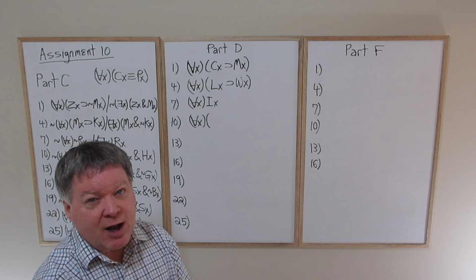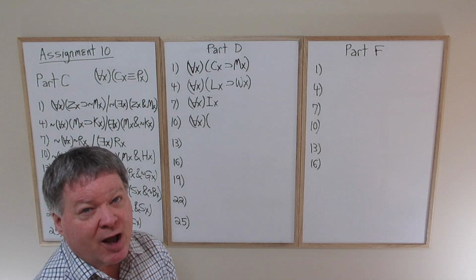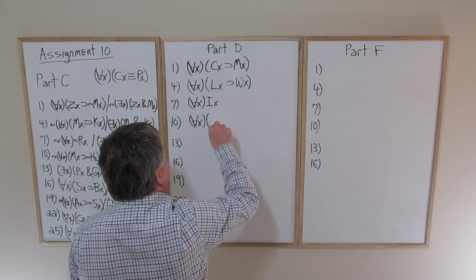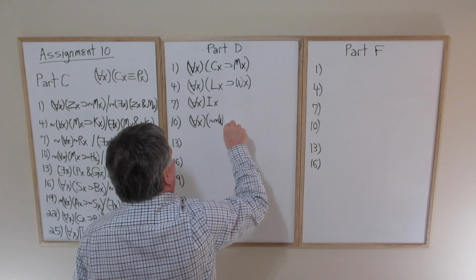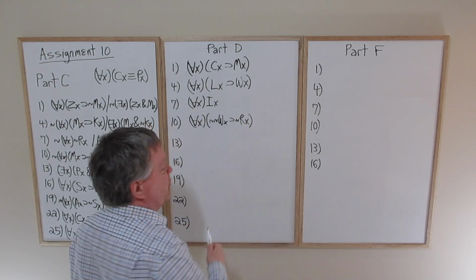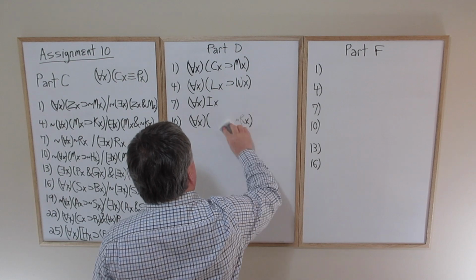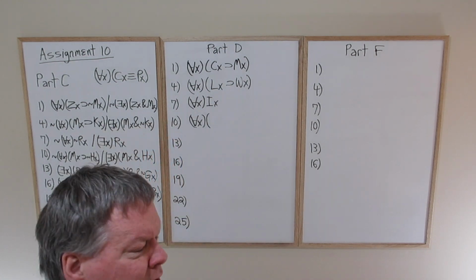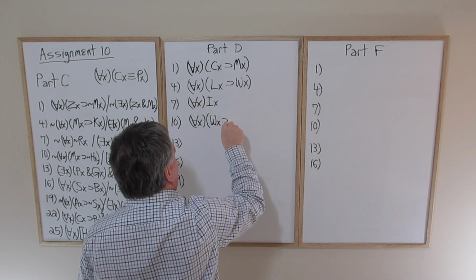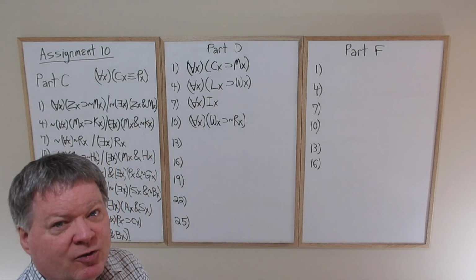What comes immediately after the unless, we can put a tilde in front of it and make it the antecedent of a conditional. So this would give us all X are such that if it's not the case that X is not wrong, then X is not right. Of course, we're likely going to want to symbolize that in a simpler fashion. All X are such that if X is wrong, then it's not the case that X is right.